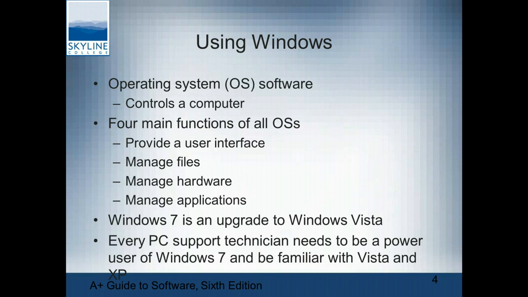To be a power user on Windows 7 and be familiar with Vista and XP. When we get into users and they just kind of jump into these things, right? What the heck's a power user? What we have on machines, when we initially install a Windows machine, there are going to be two users on there.